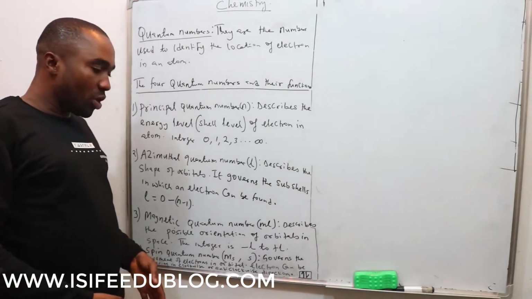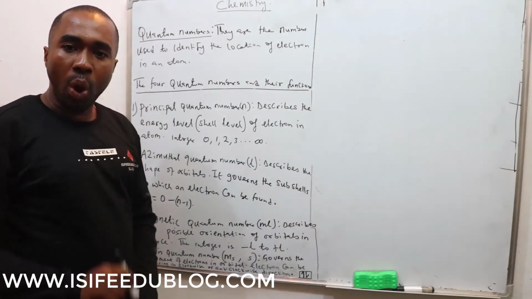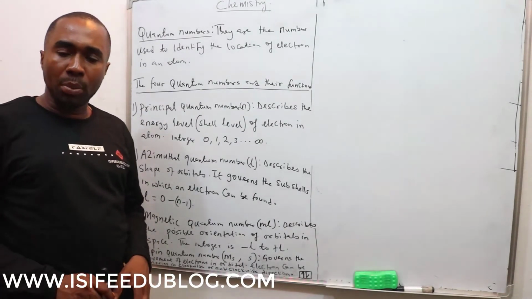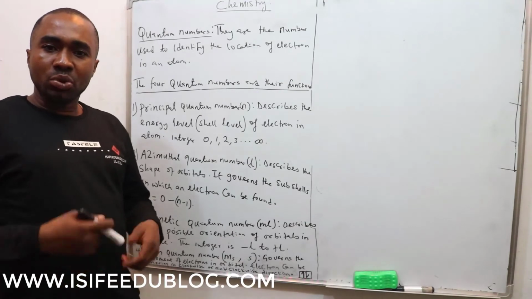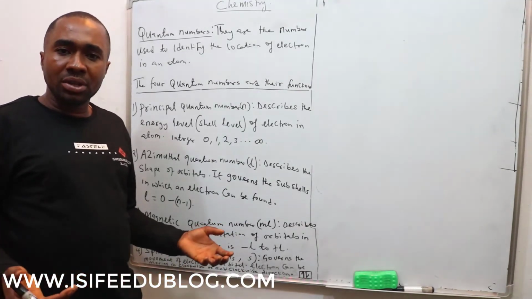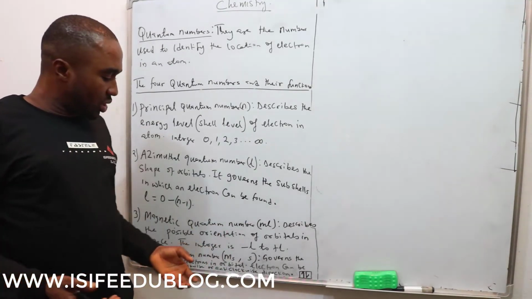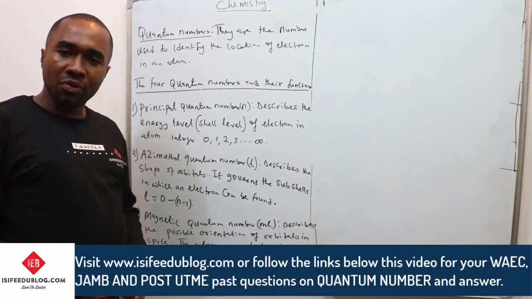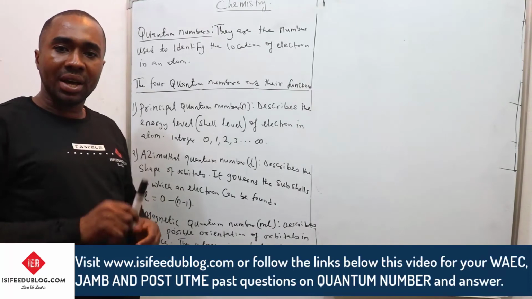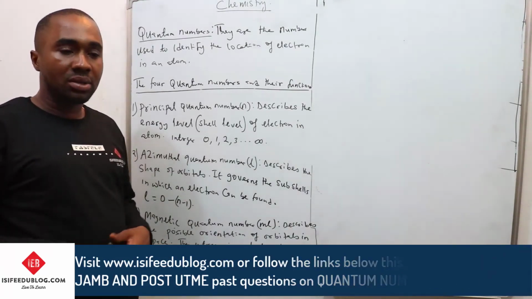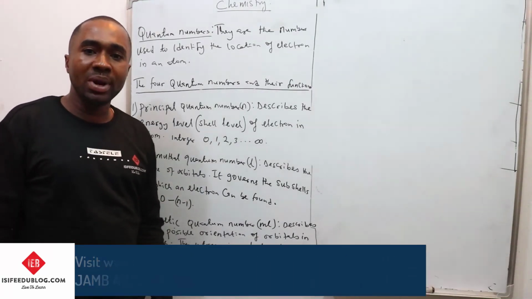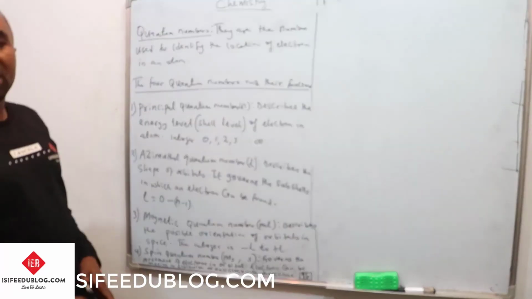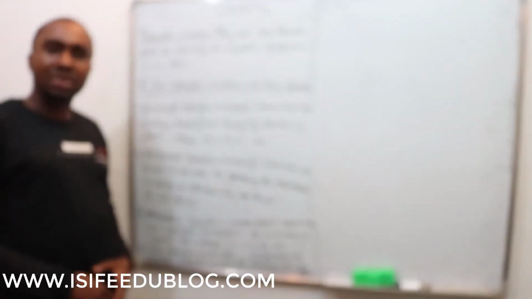Then the spin quantum number tells us the movement, whether that ward has a large or small population. Does the movement of people there, is it much or is it less? The spin quantum number talks about the movement of the electron in the orbital, either clockwise or anti-clockwise. These are the possible movements of an electron in an orbital. So this is the summary of the quantum numbers. Thanks.